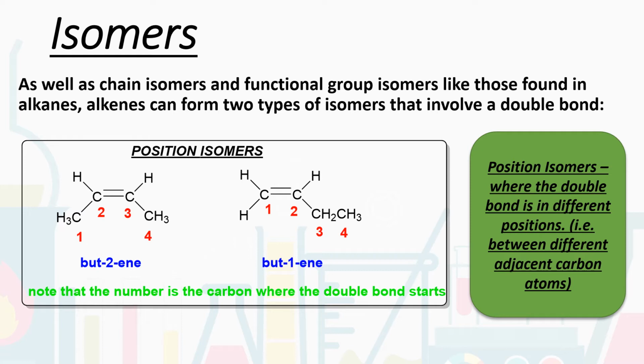For the example on the left, it starts at carbon number 2. Remember, we always want the lowest number possible when we number these things. So we have but-1-ene and but-2-ene. So really note that the number is the carbon atom where the double bond starts. But you can see that the double bond is at carbon number 1 or at carbon number 2. It's moved position in the molecule. So that's a position isomer.